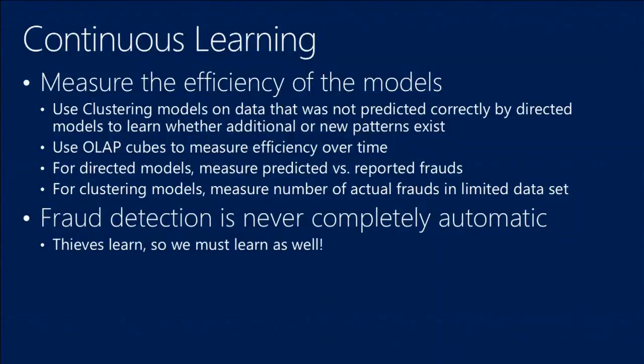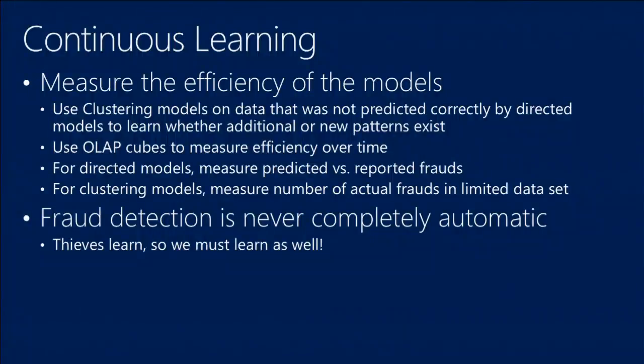Now we already have infrastructure to measure the efficiency of decision trees, but we also need to measure the overall efficiency. So the next step is to put everything in an OLAP cube. That's it. And if there is a data warehousing and OLAP system in place, fine, you just enrich it. If not, you can quickly create a very simple one, add the time dimension, and measure the efficiency over time.